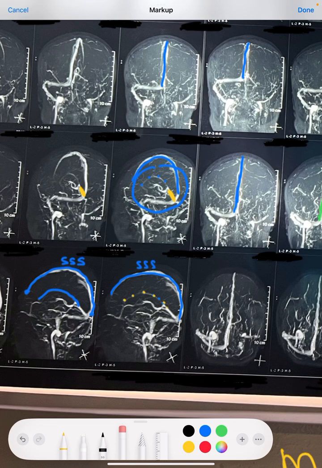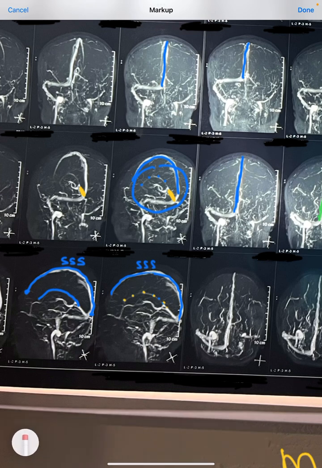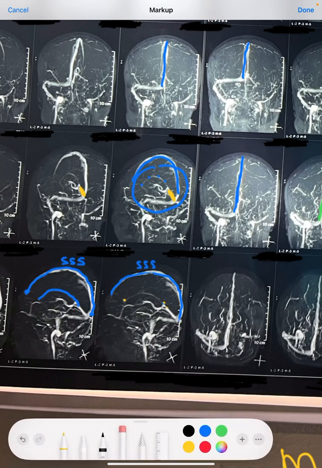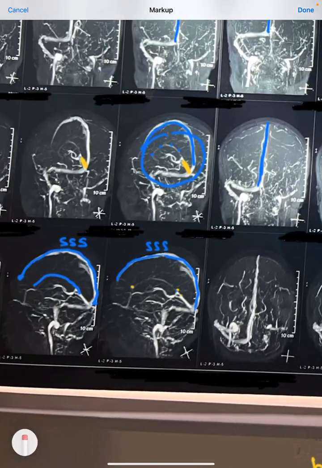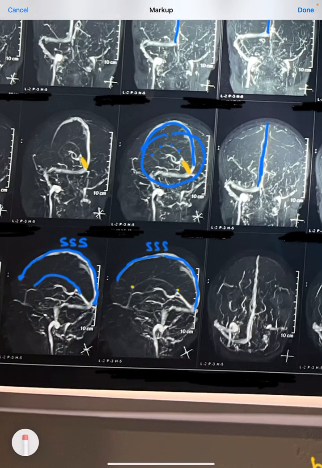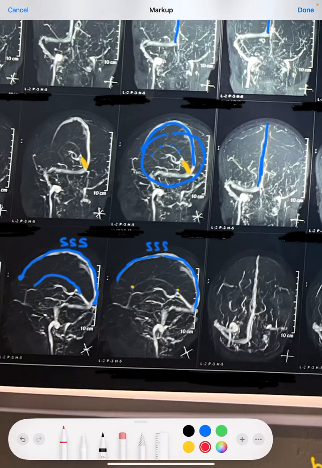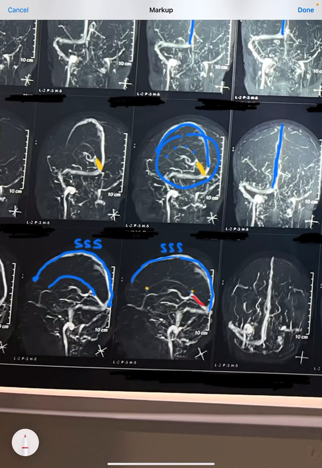Apart from that, I'll show you the other structures as well. Just in front of this superior sagittal sinus, the structure which is going in front of this straight sinus is what we call vein of Galen.